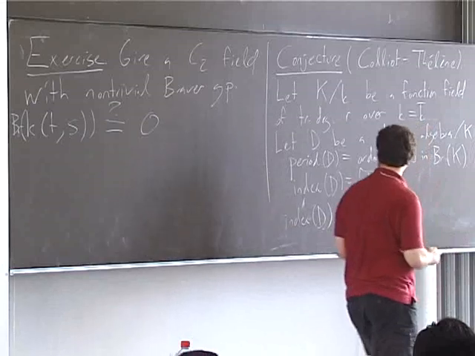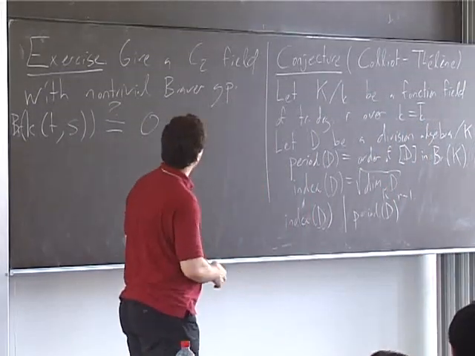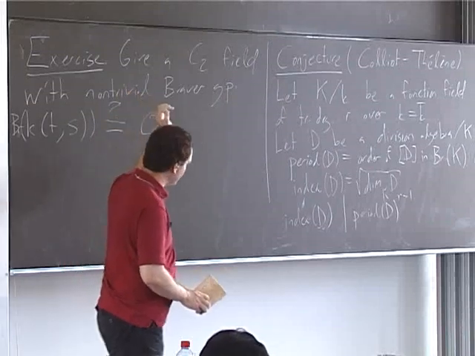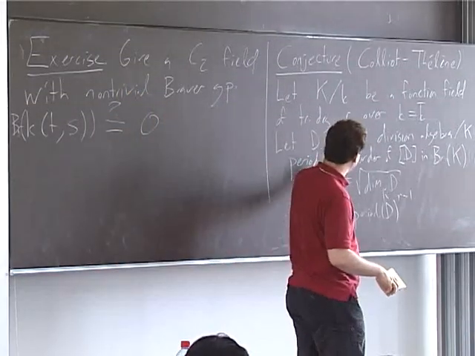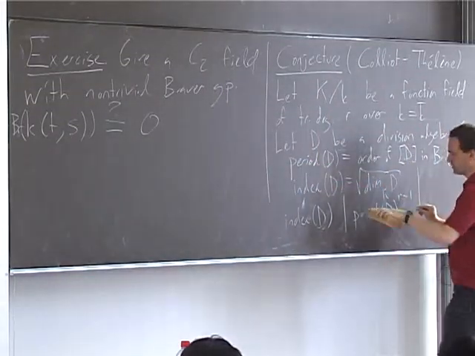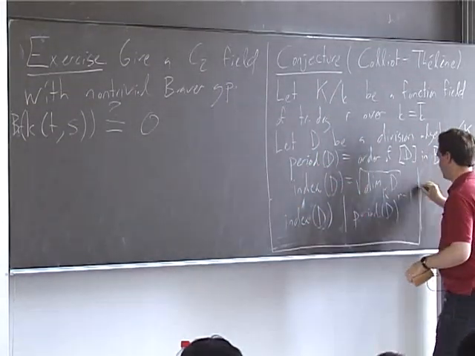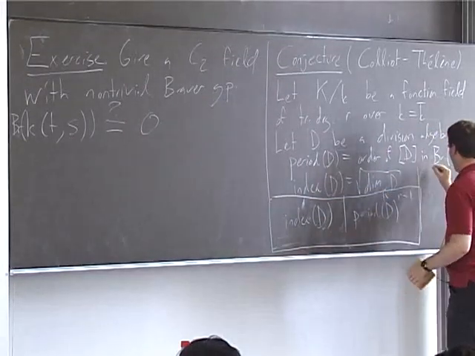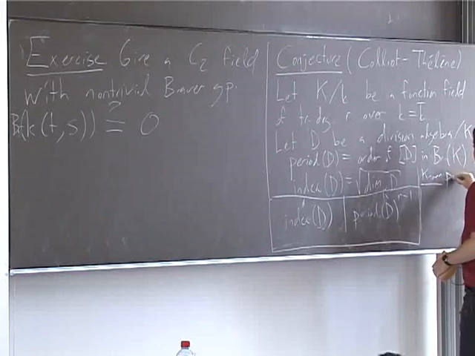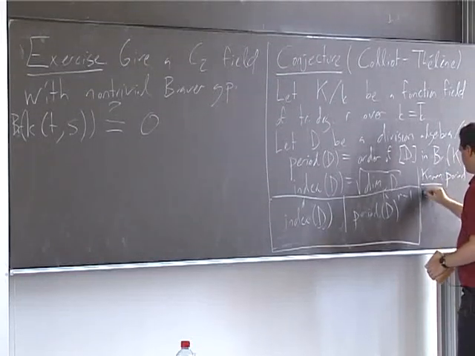So when r is equal to 1, this says the index divides 1, which says every division algebra has index 1, and that's exactly what we proved in that theorem. When r is equal to 2, this says the index divides the period, but also it's always true that the period divides the index. So this is the conjecture. What's known is that the period and the index have the same prime divisors.